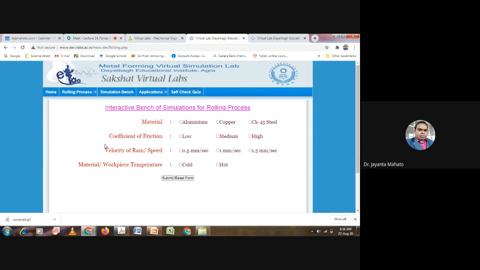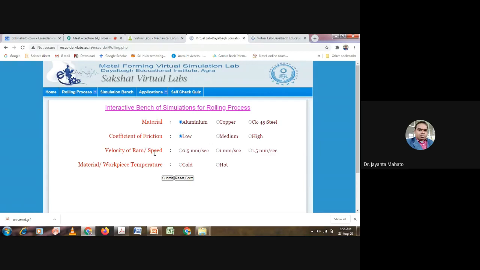By using the virtual lab, we can calculate the rolling pressure, that is, how much rolling pressure is required to deform the material. You can change some input parameters here. As an example, I'm selecting the material aluminum, and the coefficient of friction, that is mu, that I've told. In case of aluminum, the coefficient of friction is very low.